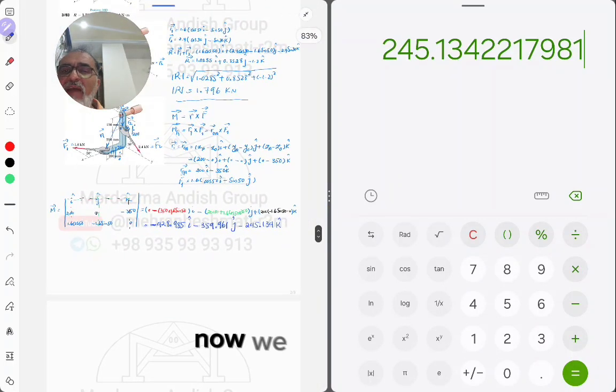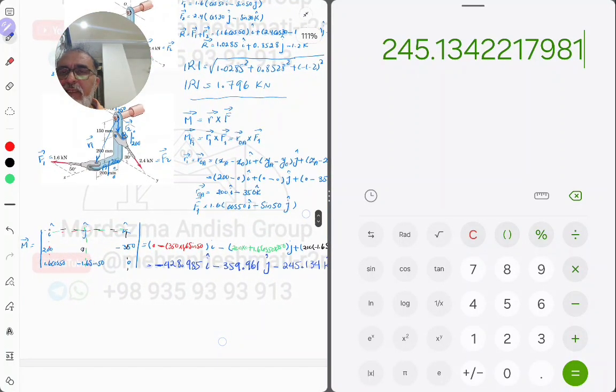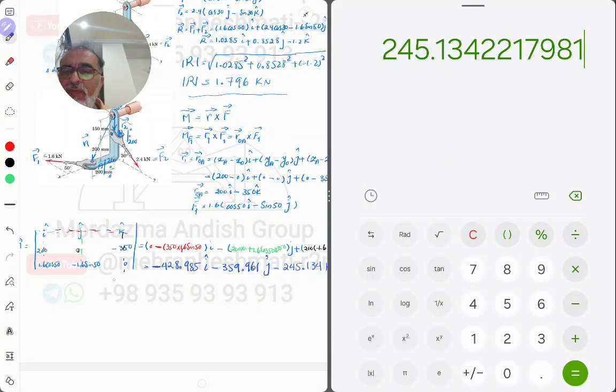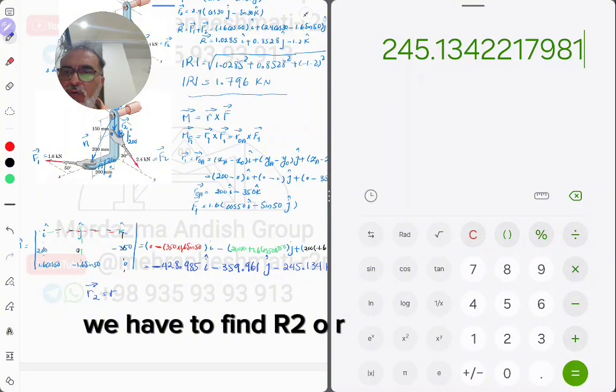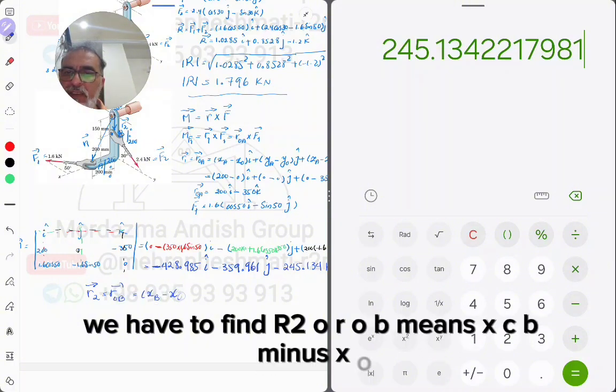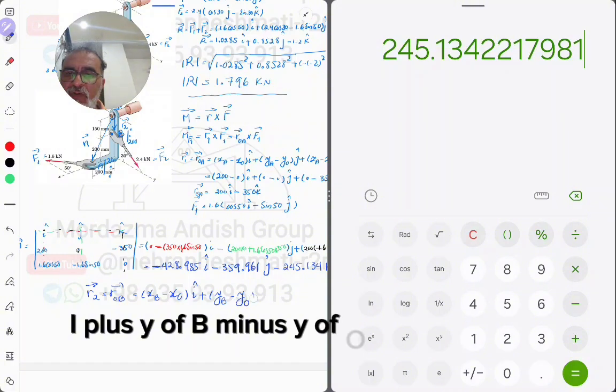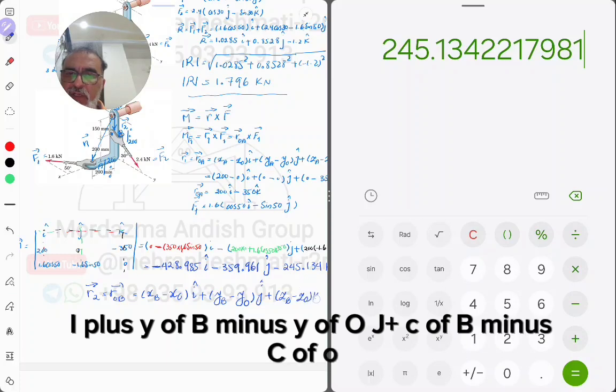Now we have to find the moment vector of F2. So we have to find R2, or ROB, means XB minus XO i plus YB minus YO j plus ZB minus ZO k.